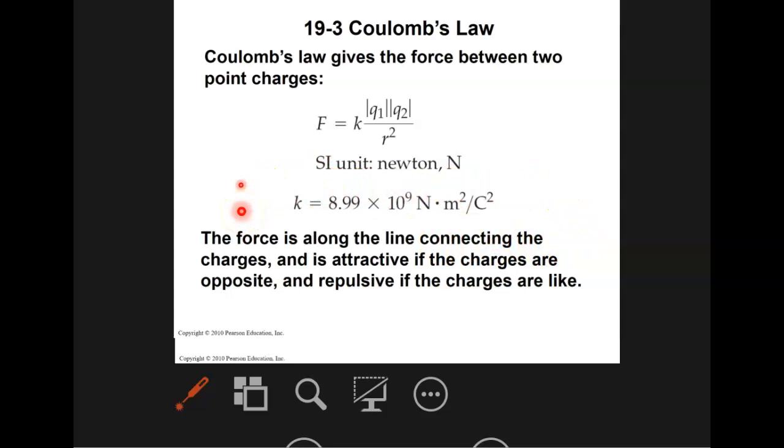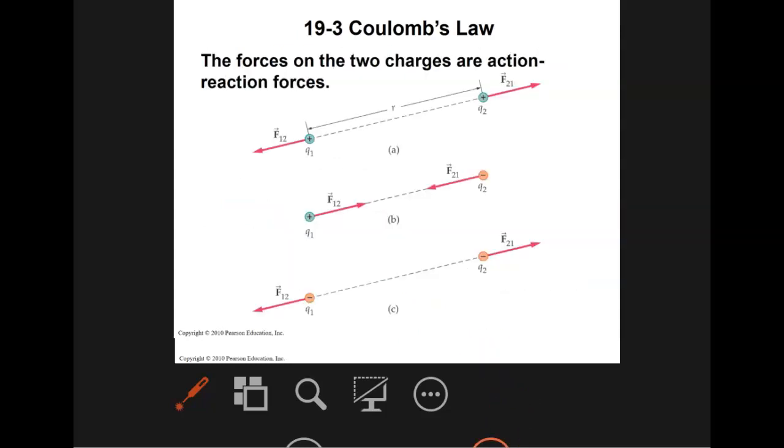The K constant, which they also refer to as Coulomb's law constant, is 8.99 times 10 to the 9 newton times meter squared divided by coulomb squared. So it's basically the force that you can find that's connecting these charges, whether it's attracting the charges or repelling them. And this is the one we're going to concentrate on calculating.